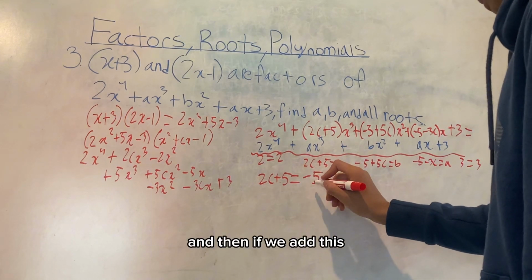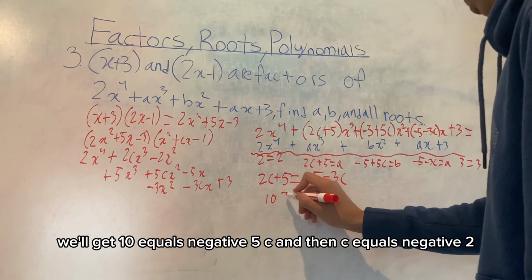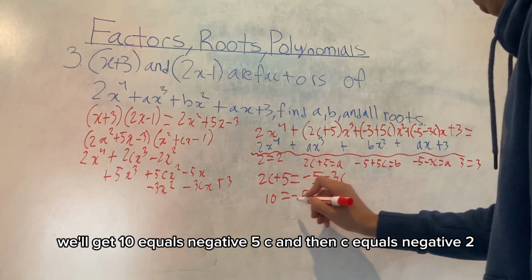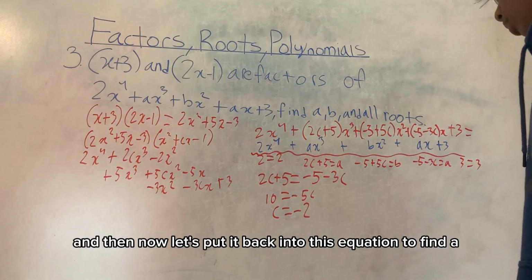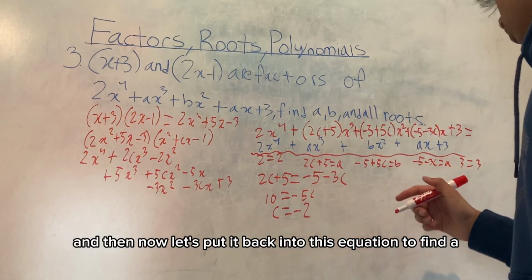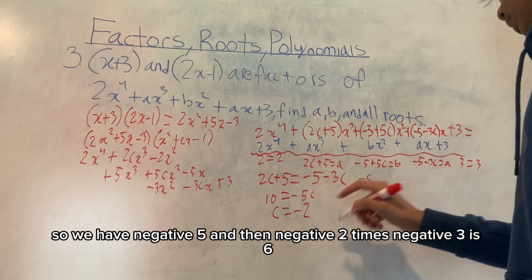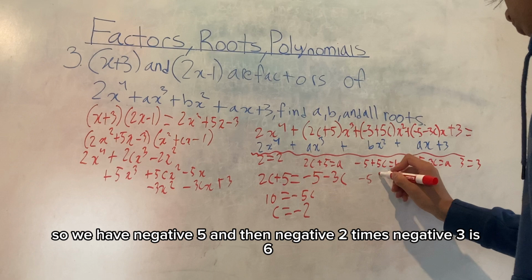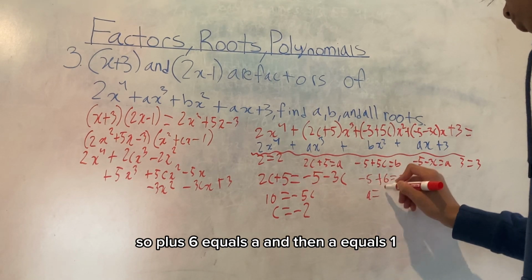And then if we add, we'll get 10 equals negative 5c, and then c equals negative 2. Now let's put it back into this equation to find a. So we have negative 5, and then negative 2 times negative 3 is 6, so plus 6 equals a, and then a equals 1.